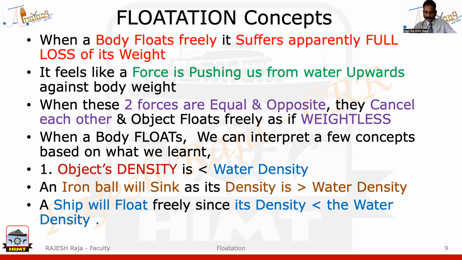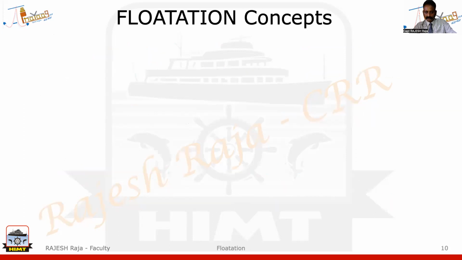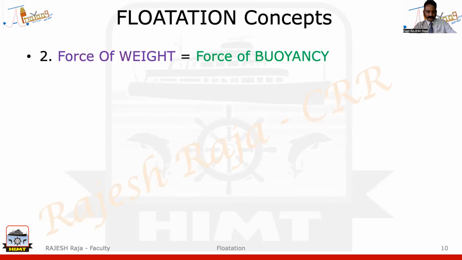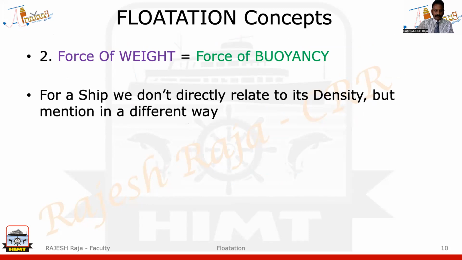A ship can float if its density is less than the water's density. The second concept I give you is that the force of weight is equal to the force of buoyancy. These two concepts, weight and buoyancy, I'll be talking about in a different module, so I'm not going to explain much on this. But let us look at the last one, which is more important.